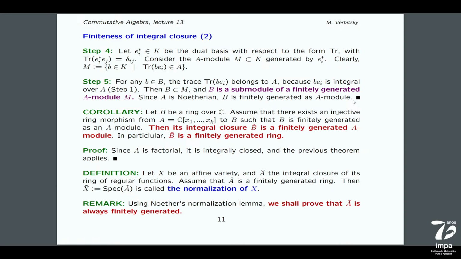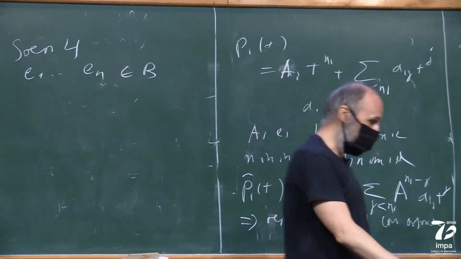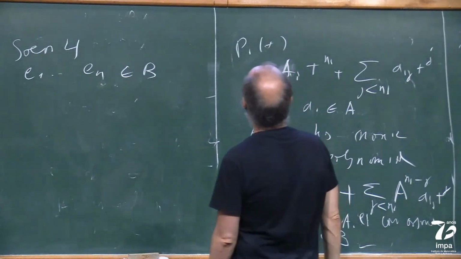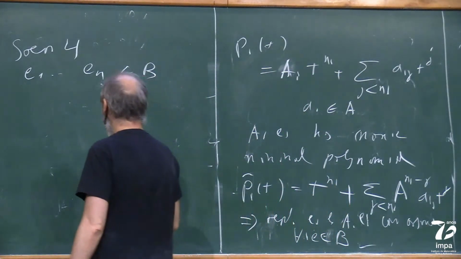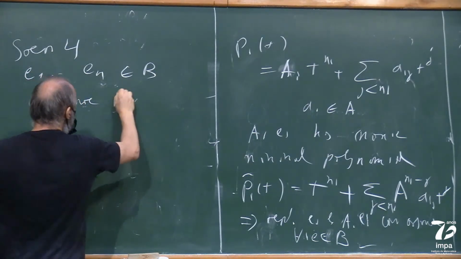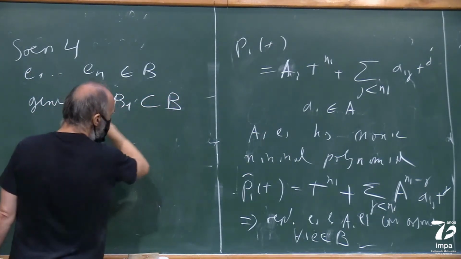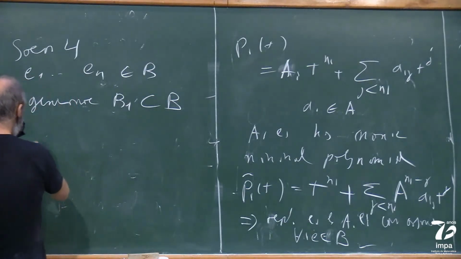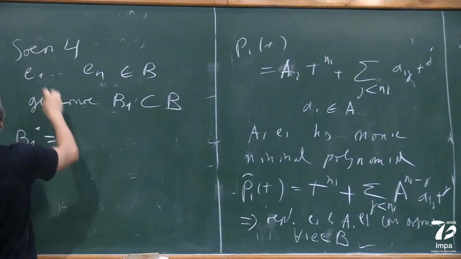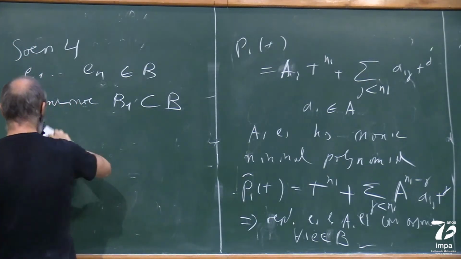You have e1, ..., en inside B. They don't generate B. And of course, we want them to generate B because we want B to be finitely generated. They generate some small submodule B1 inside B. Define B1 star. It's called here M, so maybe let's call it M. It is the dual.